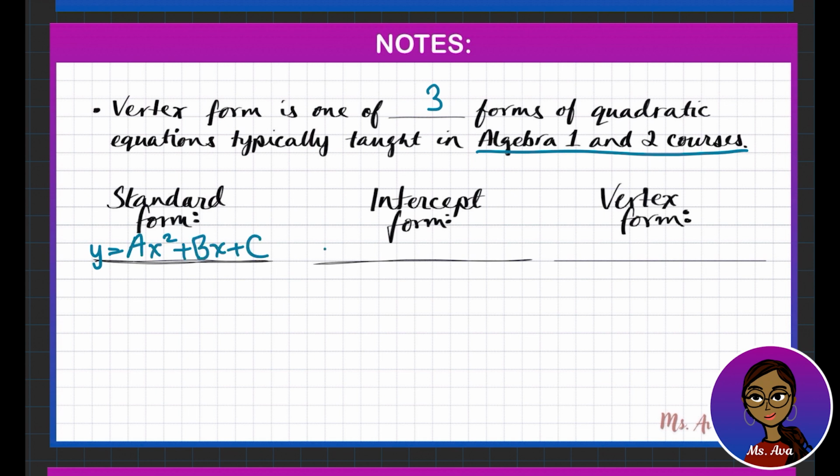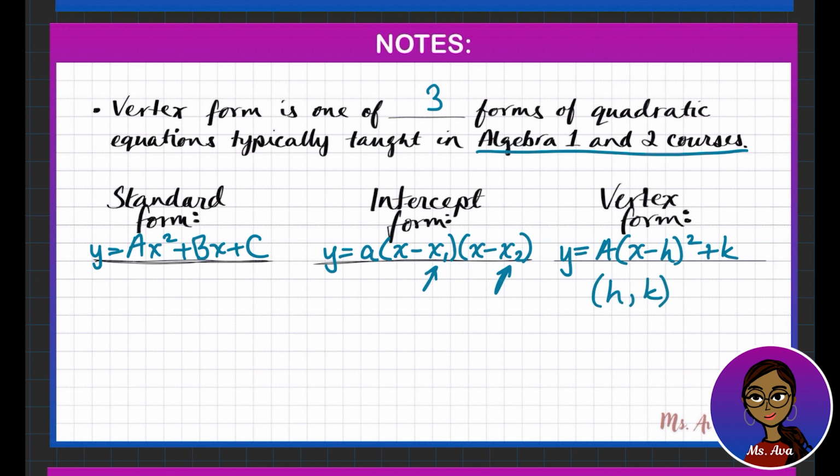Intercept form looks like y equals, and you might have an a, and then it would be x minus x1 times x minus x2, where x1 and x2 are the x-intercepts. And then vertex form, which is the one we're going to be going over, is y equals a times (x minus h) squared plus k, where h and k are the coordinates for the vertex of the parabola.